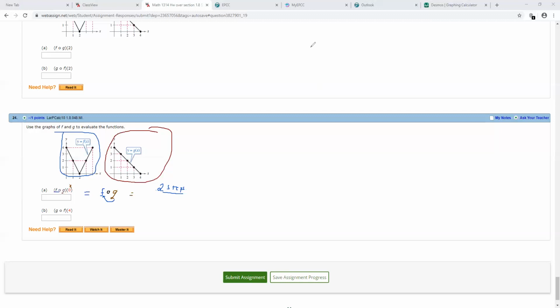We're going to take the G and put it into F, yes, but we're gonna put G of 0 into F. Okay, so we're going to first figure out what G of 0 is.